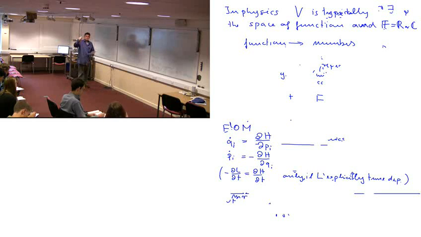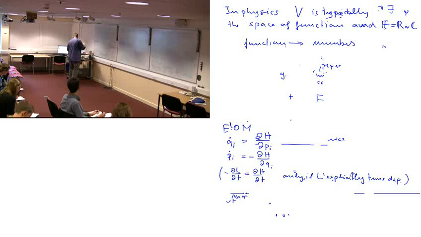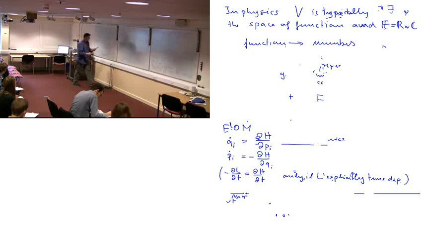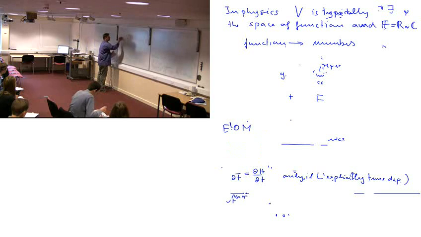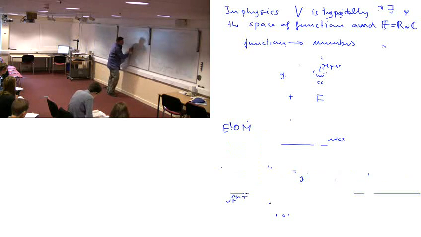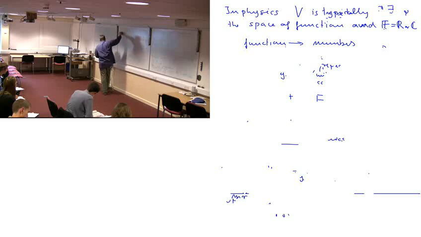We had this function q of t, which was a function of the time, which was mapped by an integration onto a given number. So before we take a break, let us look at a small example to get warmed up of this type of functional.